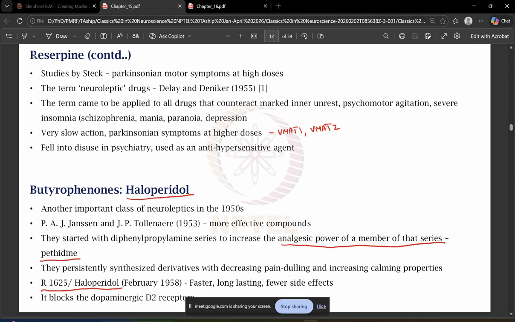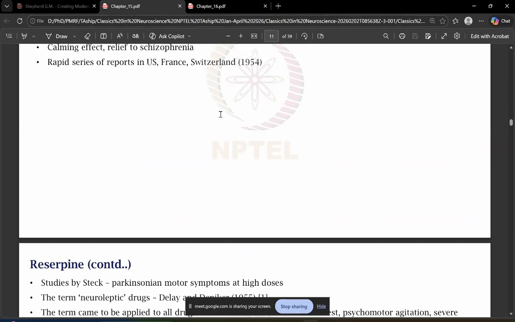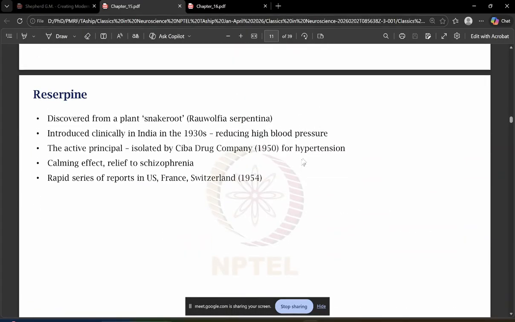But the problem with reserpine was that it was very slow in acting, and it had extremely high Parkinsonian symptoms when used at higher doses, and therefore it fell into disuse in psychiatry. However, it continued to be used as an anti-hypertension agent. So it continued to be used for its role in reducing high blood pressure.